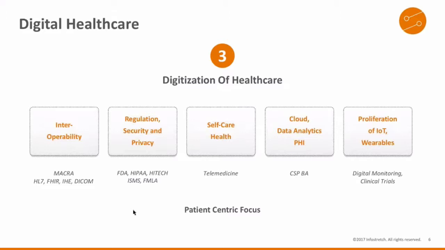Next, very important, is the cloud and data analytics surrounding the PHI, that is the protected healthcare information. Your cloud technology will be very instrumental in providing controlled access to the hospitals as well as to the health network. The US Department of Health and Human Services, that is the HHS, has set out guidelines for certain cloud service providers.